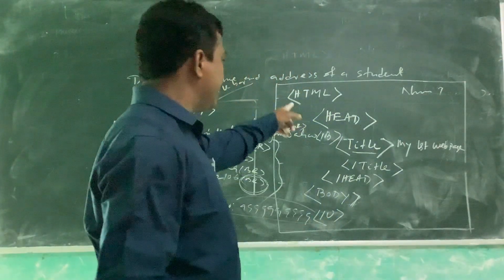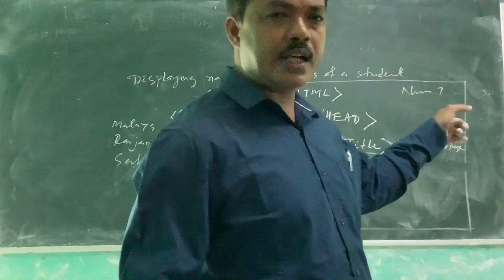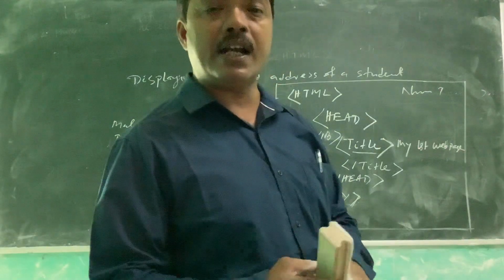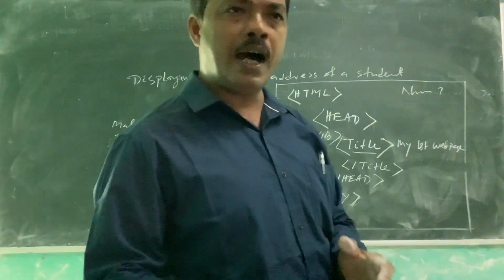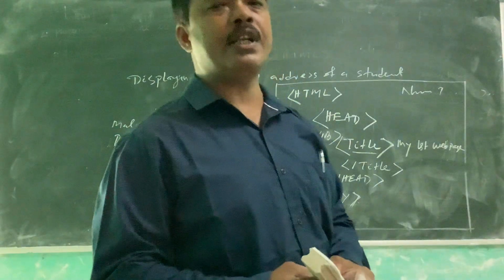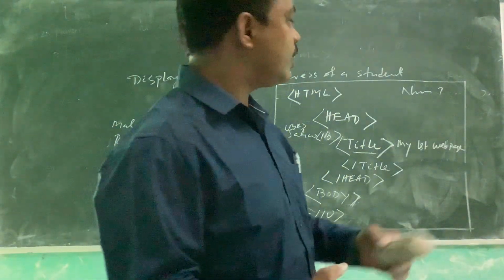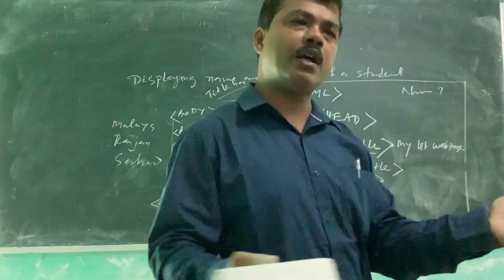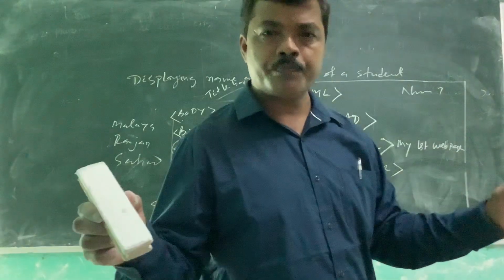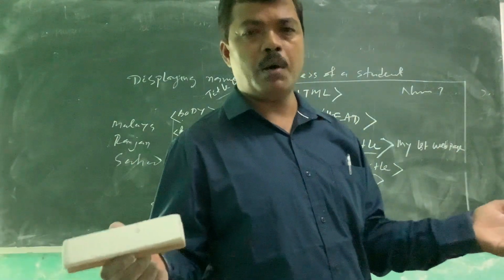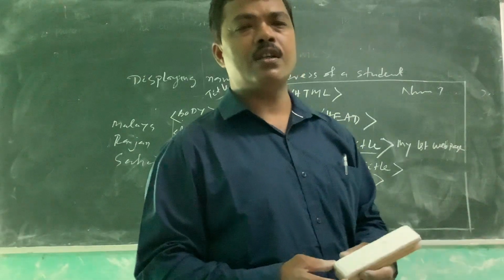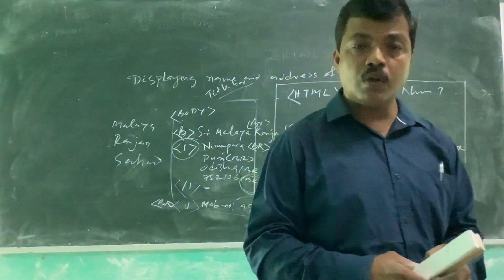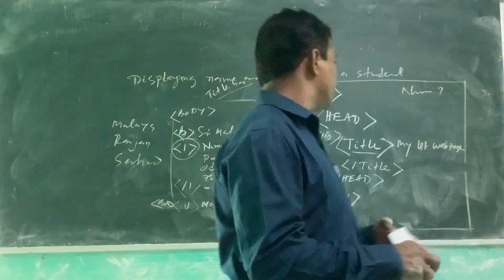Just like head slash head, title slash title, HTML slash HTML, body slash body, these are paired tags. That means they have their own closing tags or ending tags. But here we just type the br tag for break and a line break will be there. So there is no closing tag of break. So it is known as an unpaired tag, sometimes also known as a singular tag.